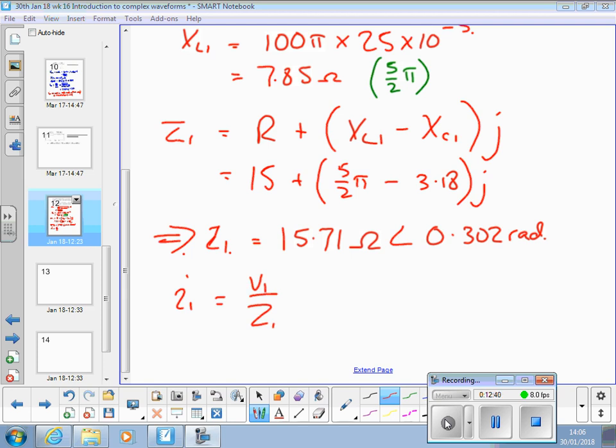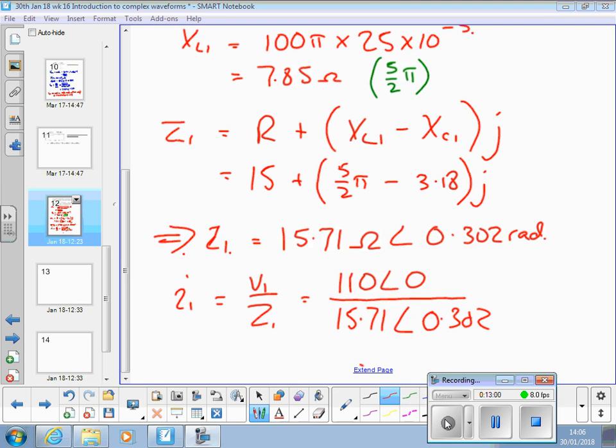Right, under resistor to 10. Yes, can't agree with that.